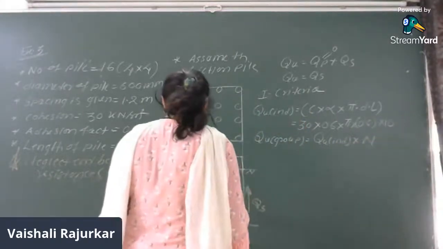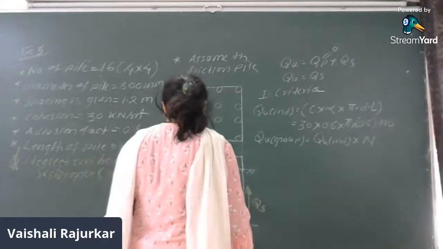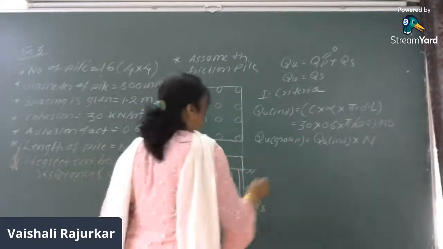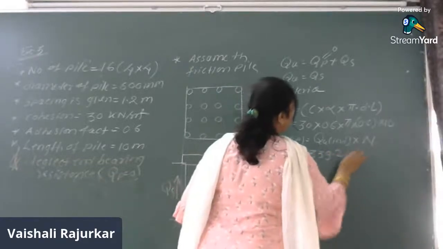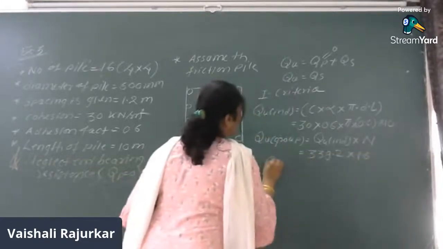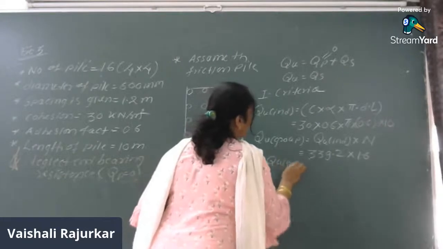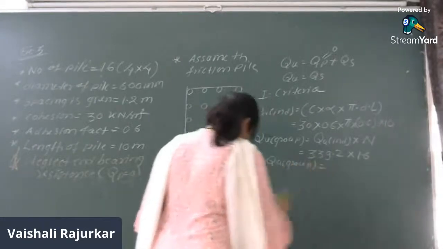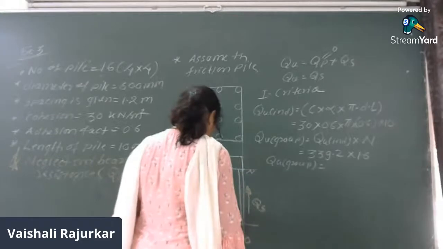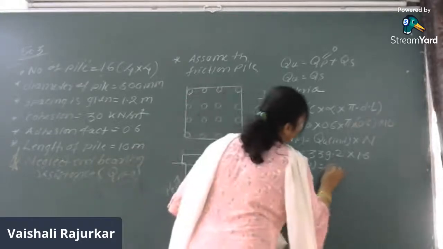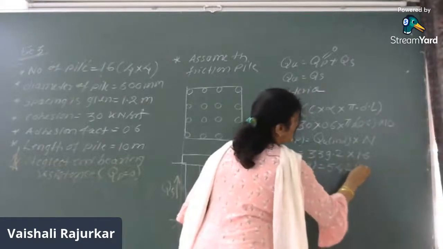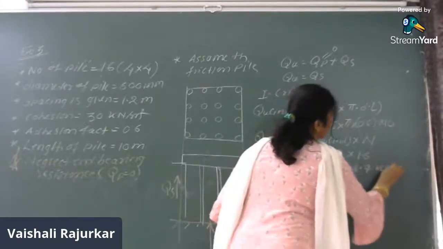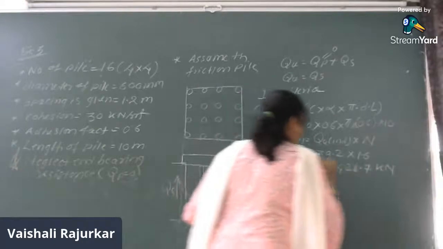Here this is 339.2 multiplied by 16. Therefore, QU for group is equal to 5428.7 kilonewton.